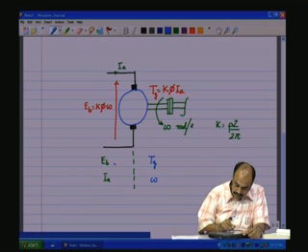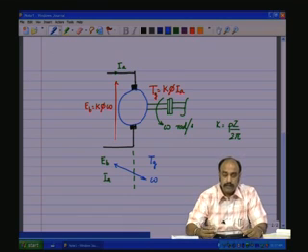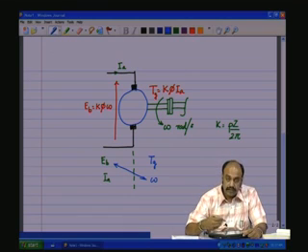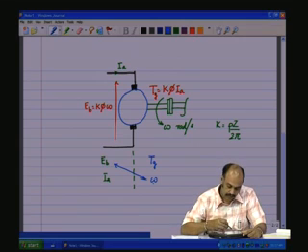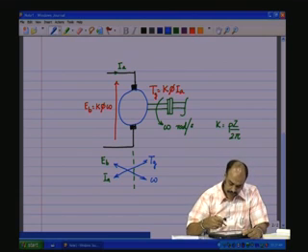The back EMF EB is linked with the angular speed of rotation on the mechanical side, omega in radians per second, and IA is linked with the generated torque, as shown by the equations here.